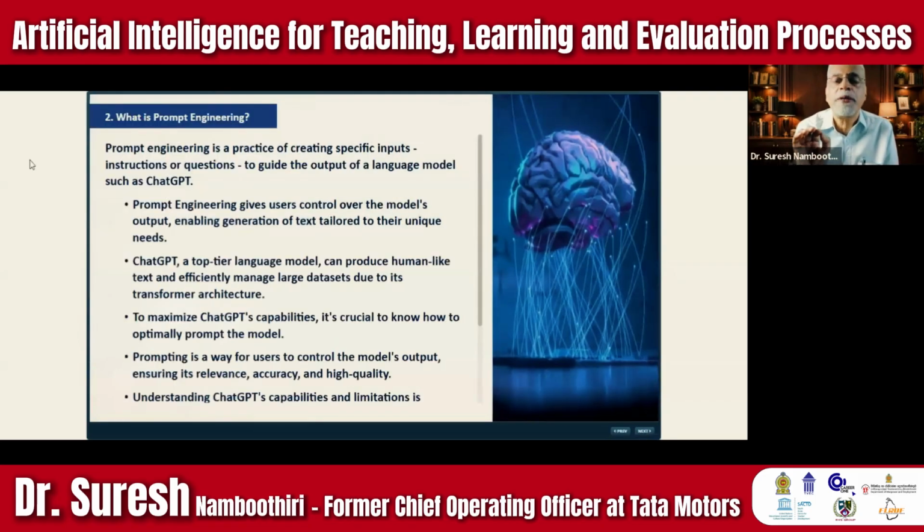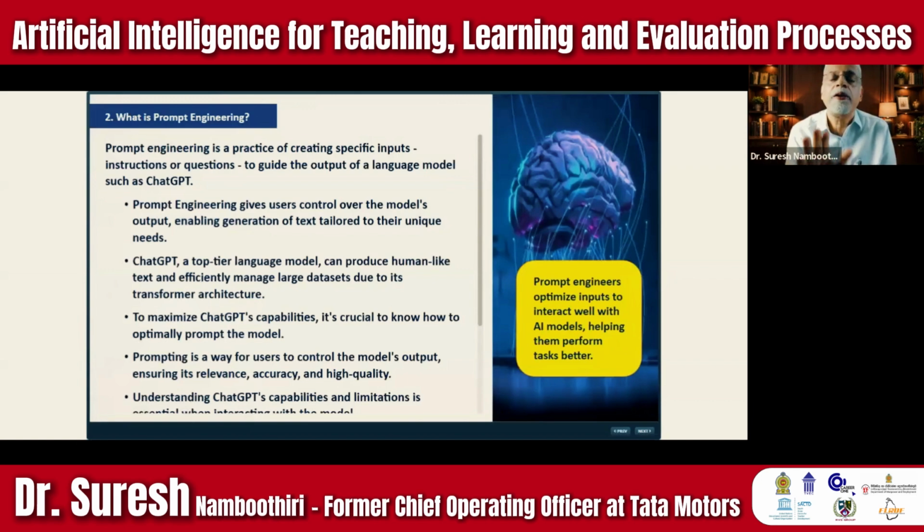Now, what is prompt engineering? Do you know why engineering education fails? Because engineering education takes it as a technology. Engineering means something very different: skillfully arranging for something to happen.